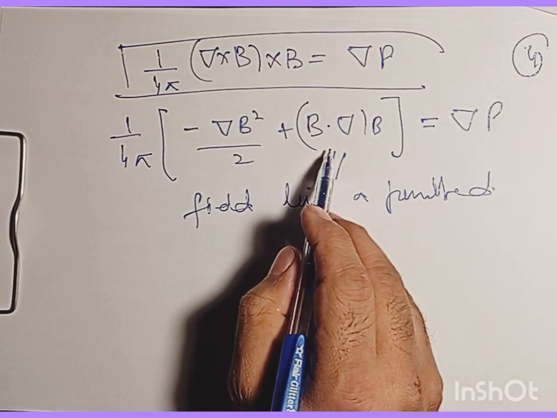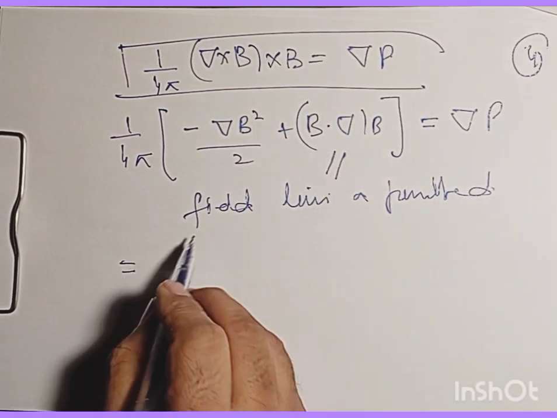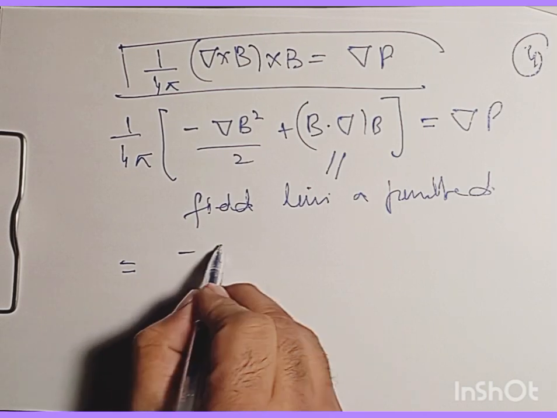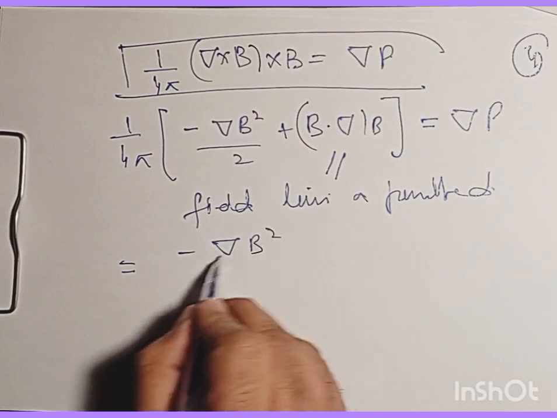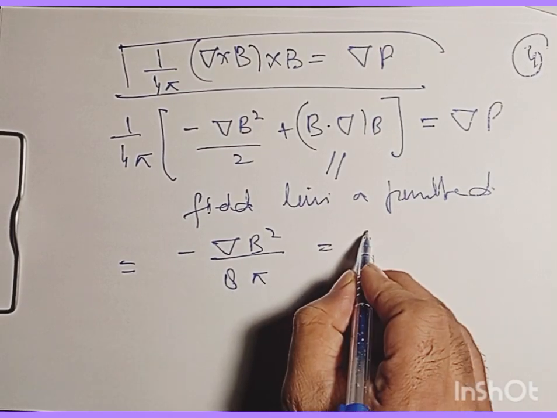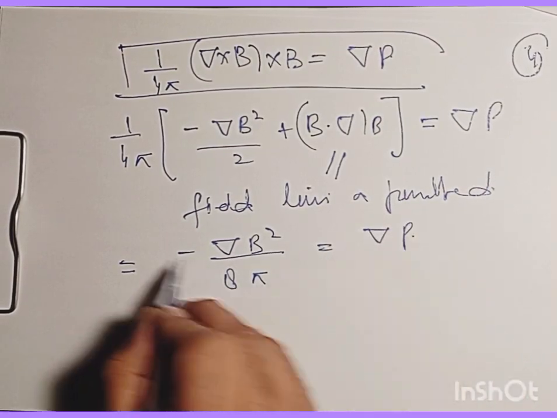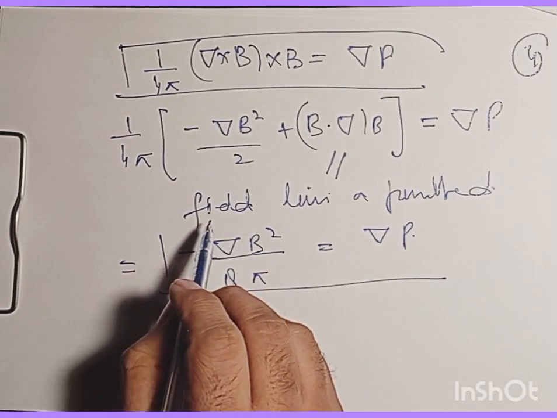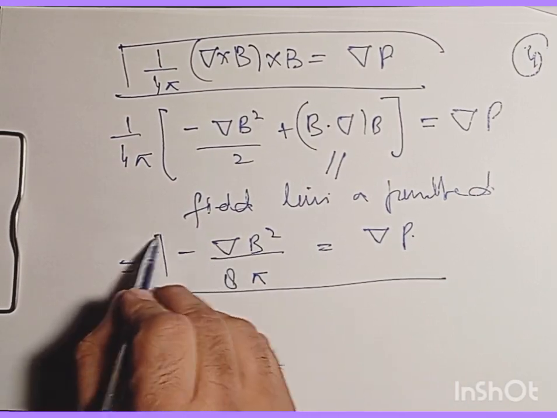And what we are left with is minus del B square by 8 pi is equal to del P. This should be the case.